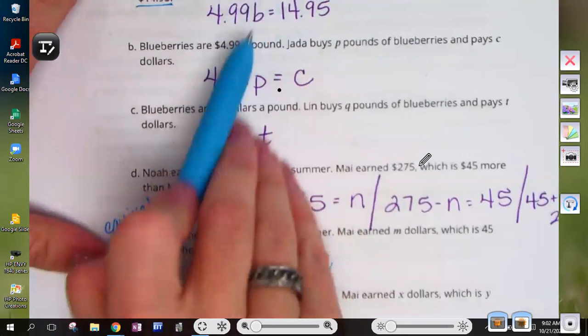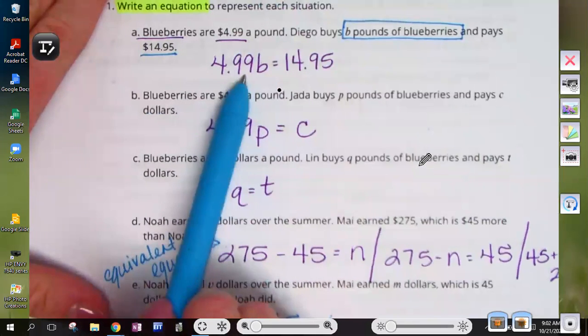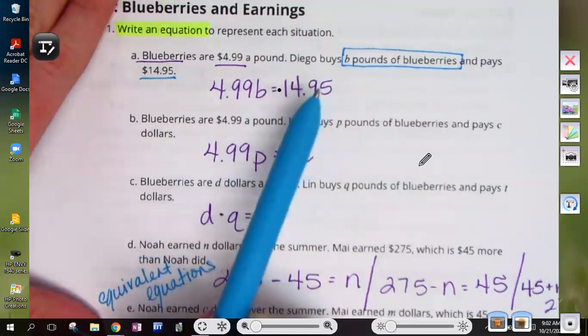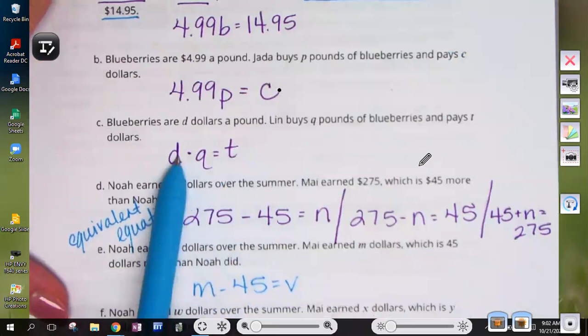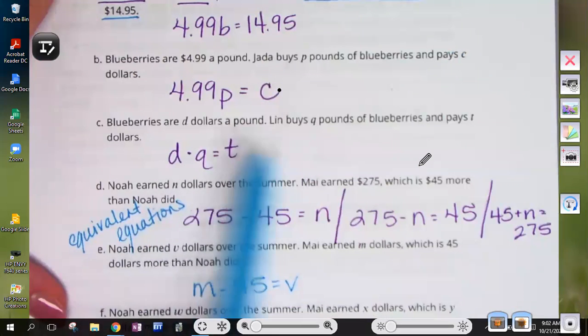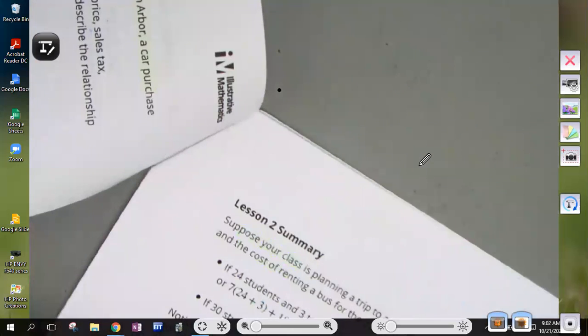This one is very specific, right? This is talking about somewhere, we're going to Walmart, blueberries are $4.99 and we're spending $14.95. Here, this is going to work for any grocery store we go to. Any price of any blueberries, however many pounds you want to buy, that's going to represent the cost. Okay, so it gets gradually more specific.